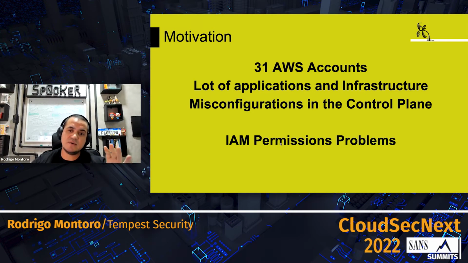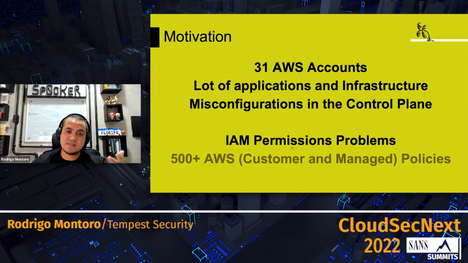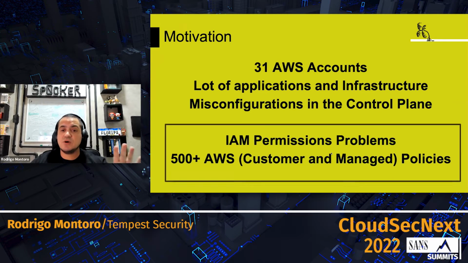That's where a lot of problems sit, and it's mostly where our research is going to fit, especially because the motivation starts when you look at Cloudsplaining and you have more than 500 policies to analyze. And if you start to think, okay, how do you do the prioritization of that? We started the first version of this research using Cloudsplaining.